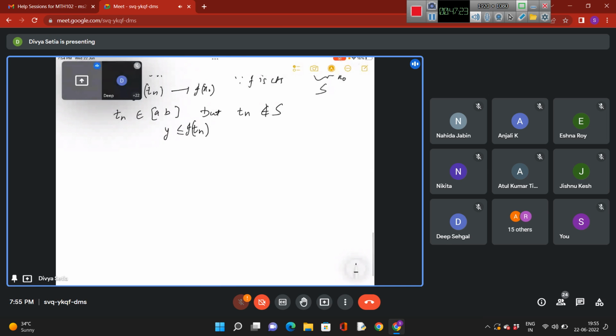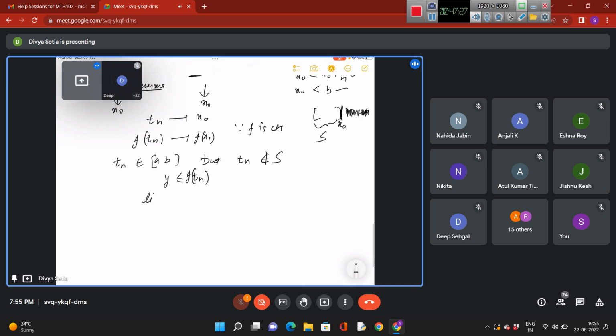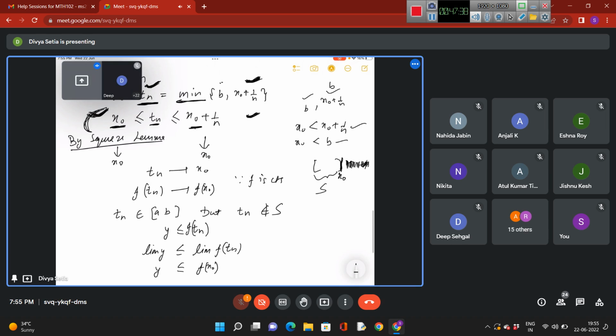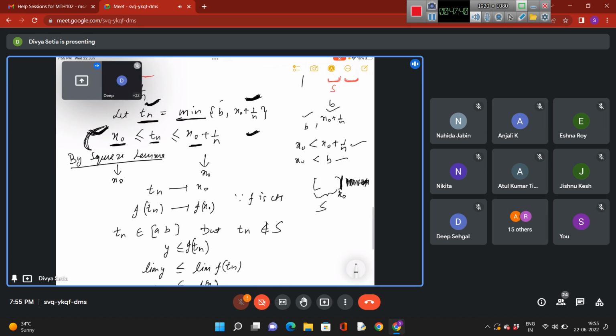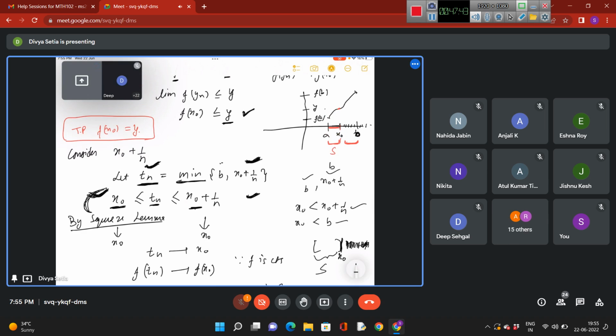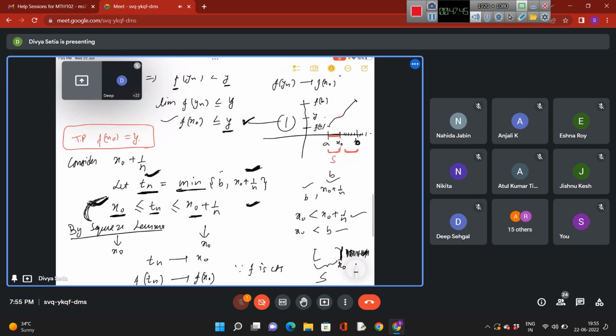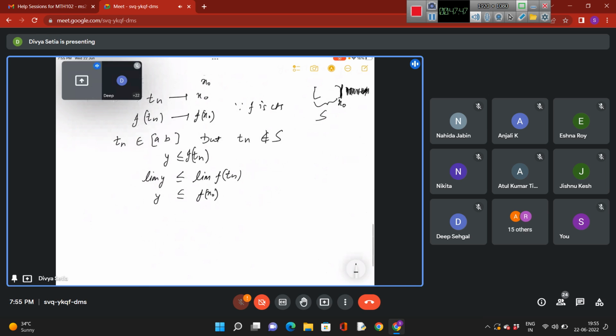Taking the limit, you have f of x0 is bigger than or equal to Y, and earlier you have f of x0 is less than or equal to Y, the first equation. So your f of x0 should be equal to Y.